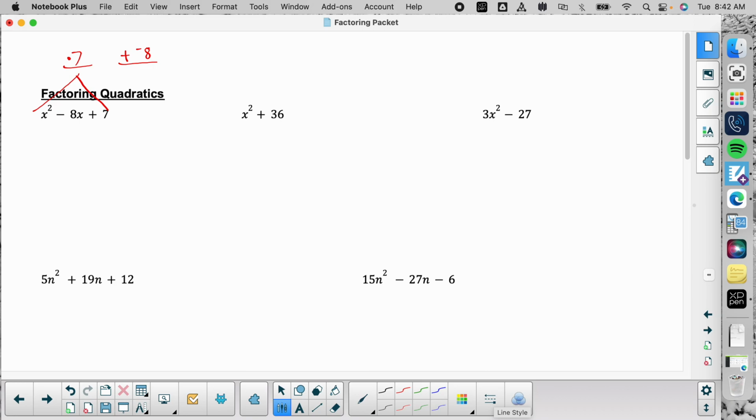Yeah, you were doing 2 times 3.5, which is correct, but not. So 1 times 7. But the only way we're going to add up to be a negative number is if negatives are involved. So we've got -1 and -7. So that is the correct pair. I usually circle them in class, but I don't care how you guys do it.